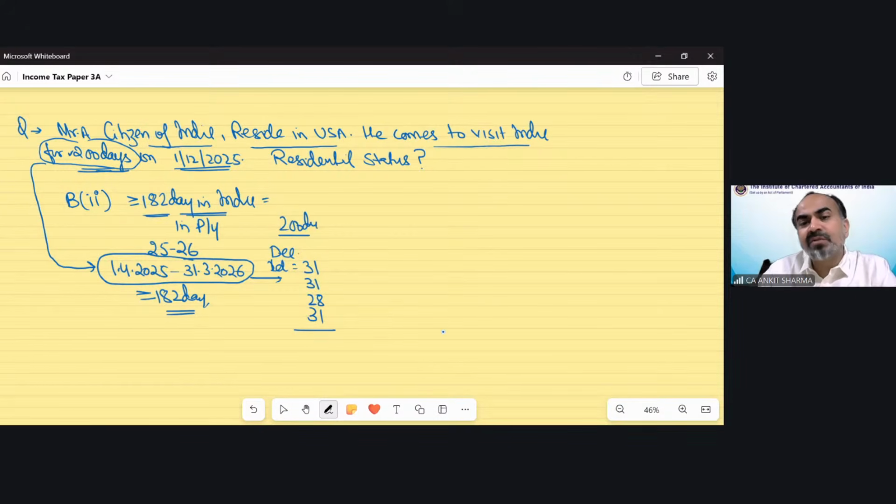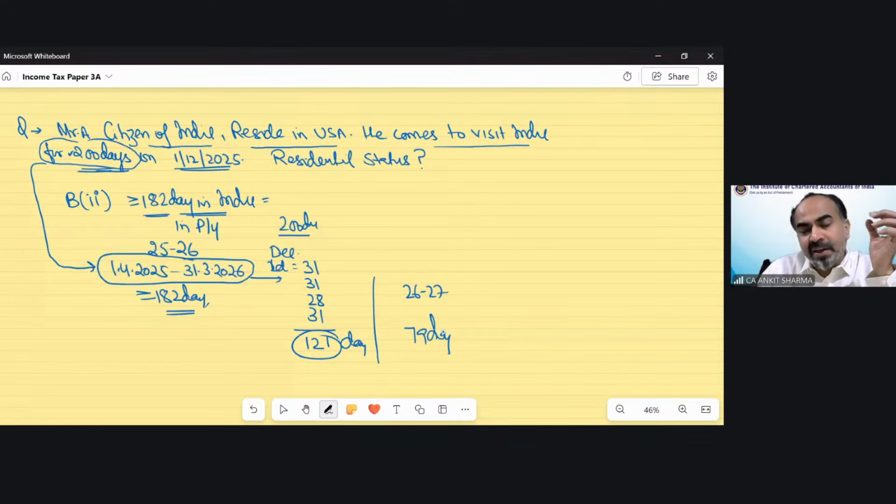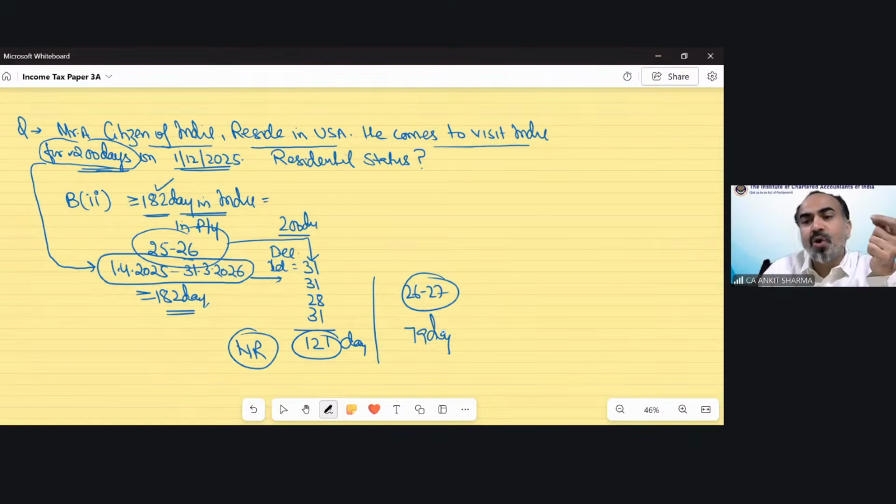How many days? 121 days only he is in India. Out of these 200 days, 121 days fall in this year and the balance, 79 days, he is in India in the next previous year, 26-27. So technically, we need to solve for 25-26. For this year, he is in India only 121 days, so he does not satisfy the 182 days condition. So he will become non-resident.